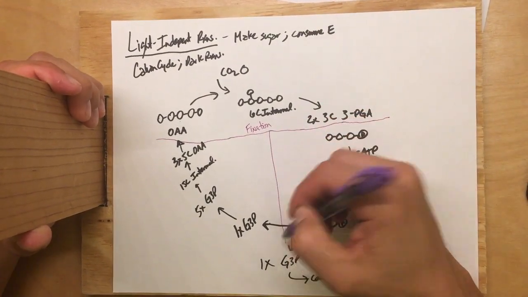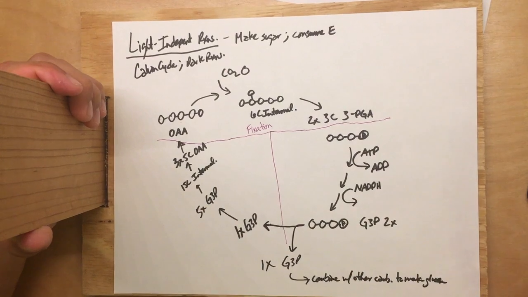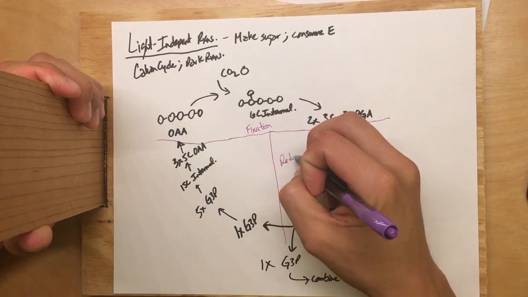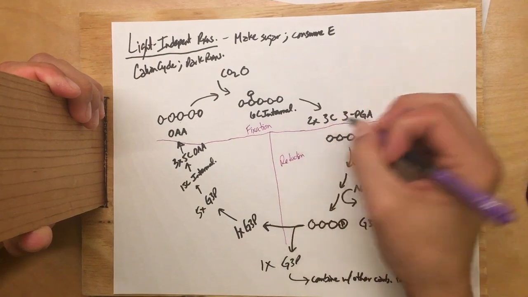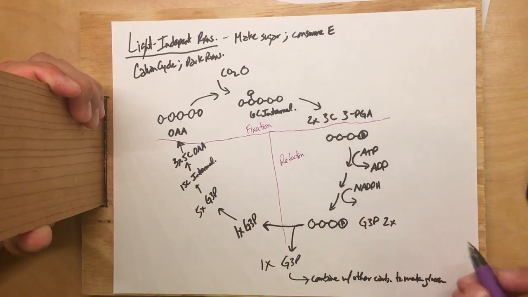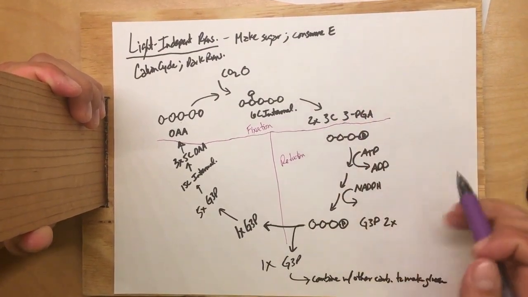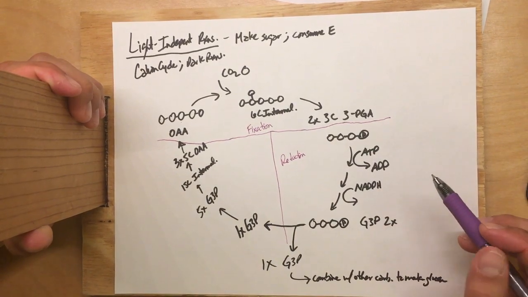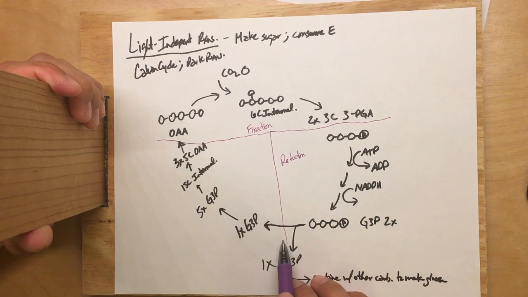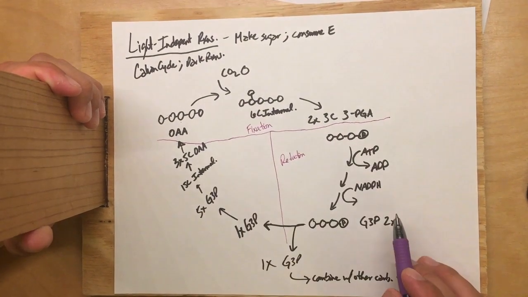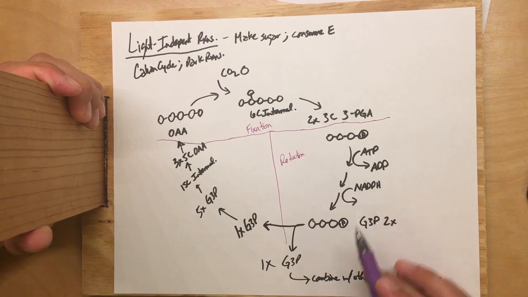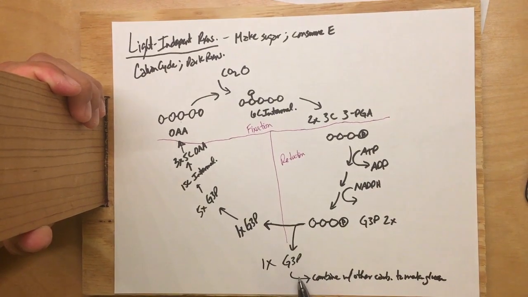The next part is called reduction. And that is because you are reducing the sugar that you made. You're adding electrons to it. And so during reduction, you add electrons, phosphate groups, and energy, basically, to this carbohydrate that you're kind of preparing to become glucose. By the time you get to this step, you've already fixed your carbon, you juiced up your sugar, and so it's been reduced, it's turned into this G3P.